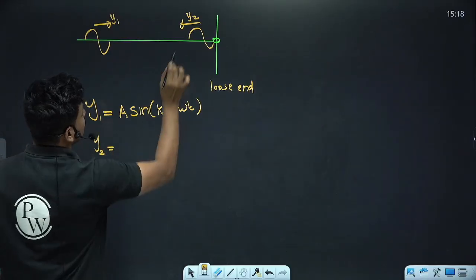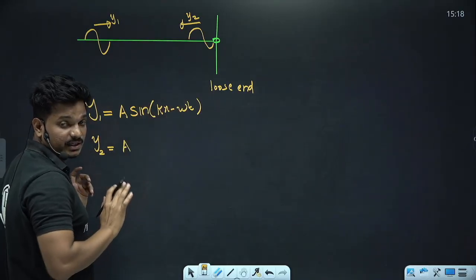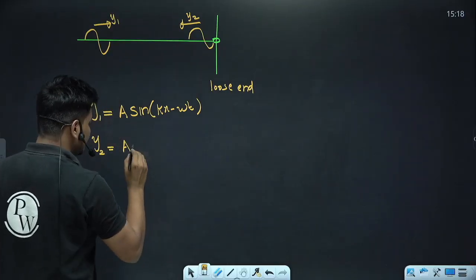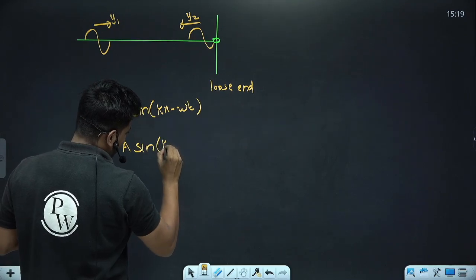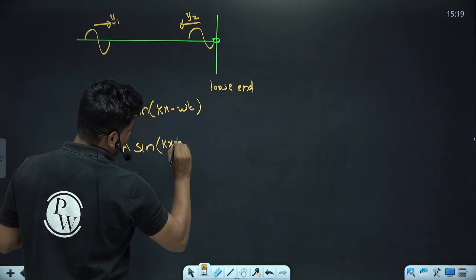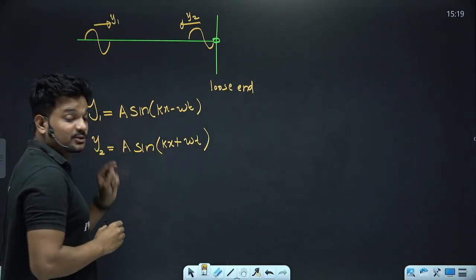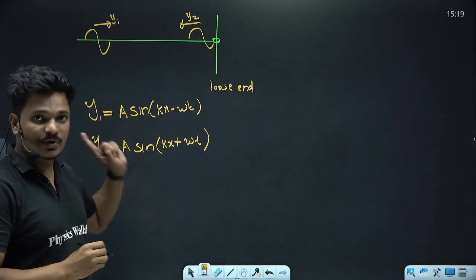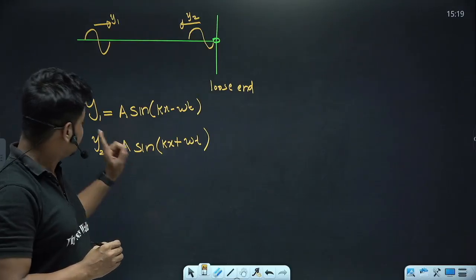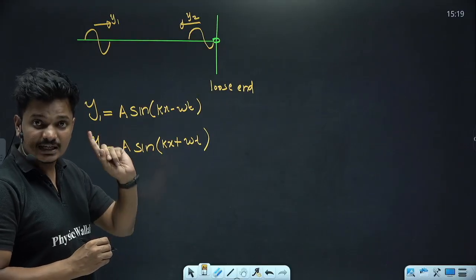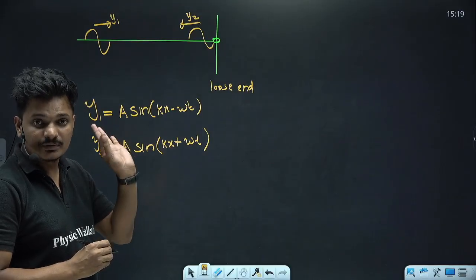Same amplitude, because there is no energy loss to the surroundings. So sin, same k as we already discussed, moving in opposite direction, ωt. The resultant of the superposition of these two waves is our standing wave.